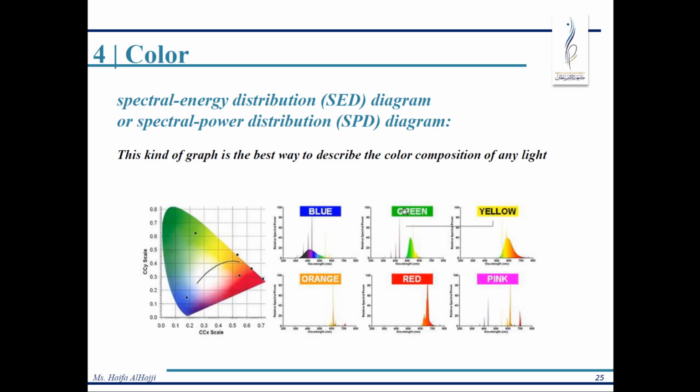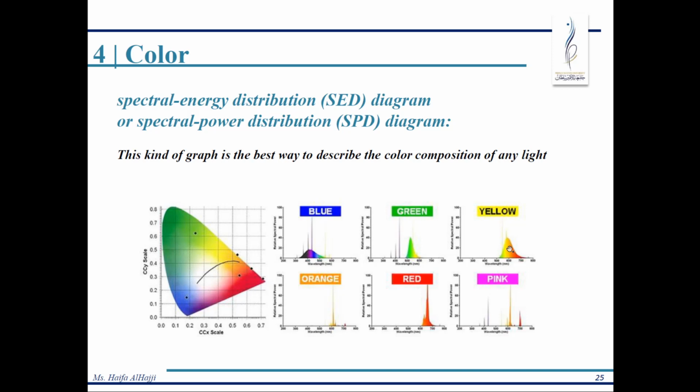So this is the green color, the green light, and this is the red. Most of the light is in the red area. Most of the light in here is in the orange area. And then pink is a mixture of red and yellow and blue, as we can see. And this is yellow.